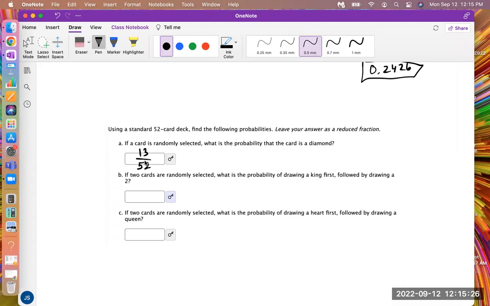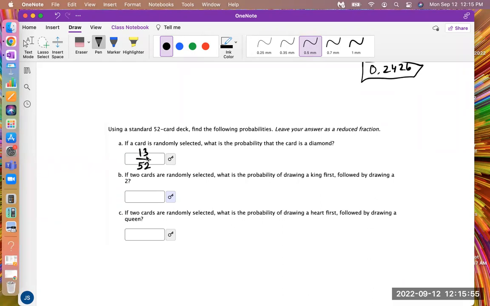So 13 is prime, and the only thing I have to check is, does 13 go into 52? Because if a number divides into the numerator and denominator, it must first divide into the numerator, and 13 is really the only number other than 1, which doesn't count.